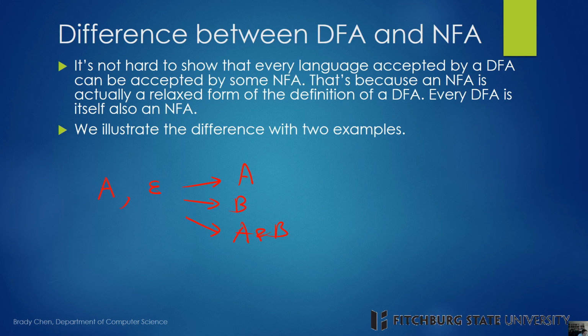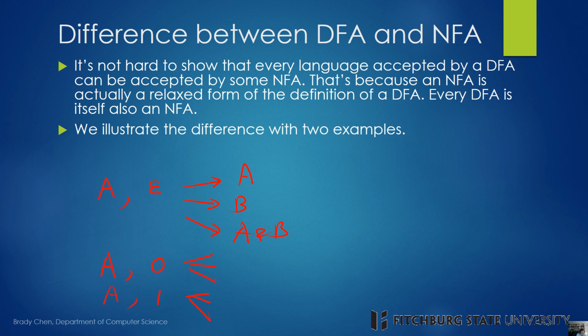Now A could combine with the input 0 or the input 1, and then you're also going to move to various different destinations. So that's the major difference between the DFA and NFA.